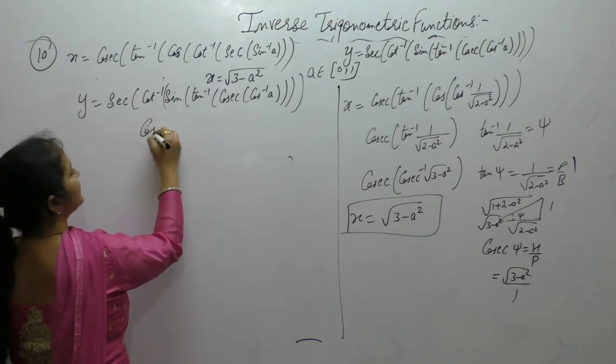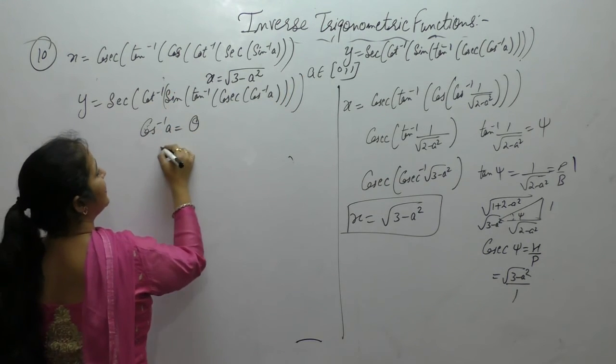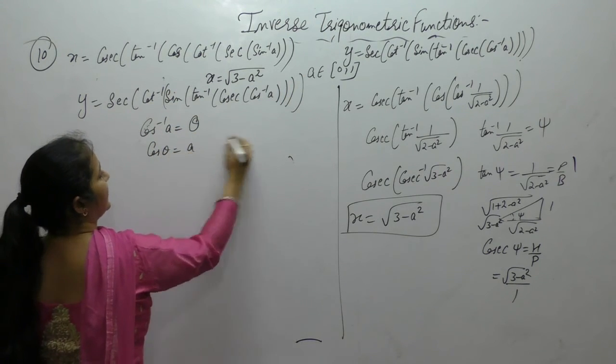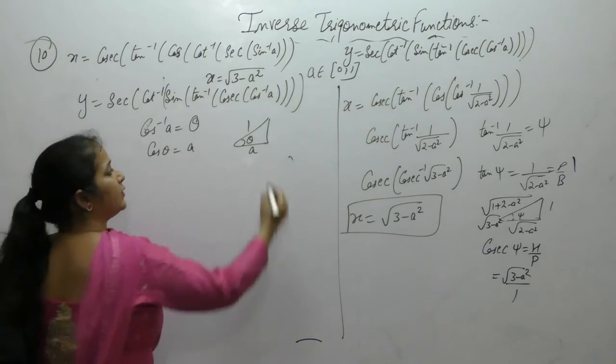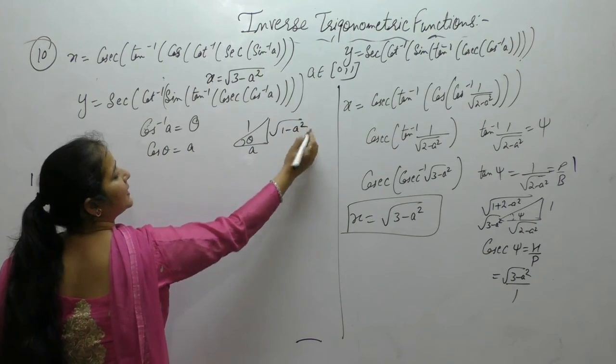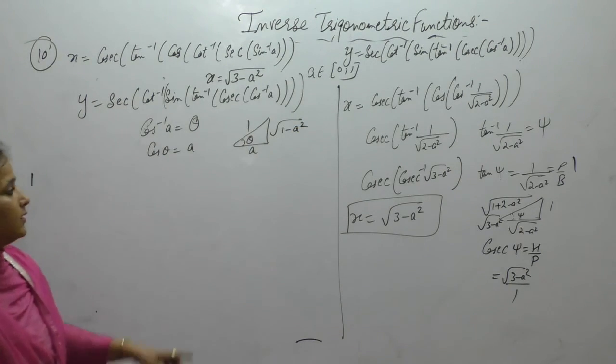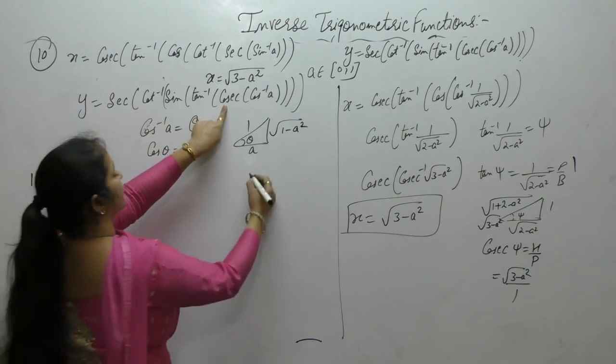Now put cos inverse A as theta. So cos theta is A. Cos is B upon H. So perpendicular is hypotenuse square minus base square. Now we want the value of cosec here.